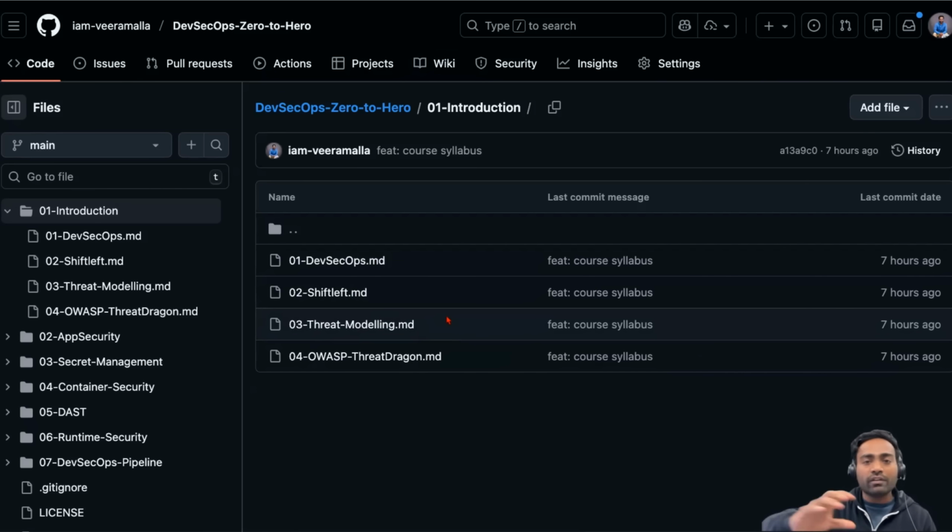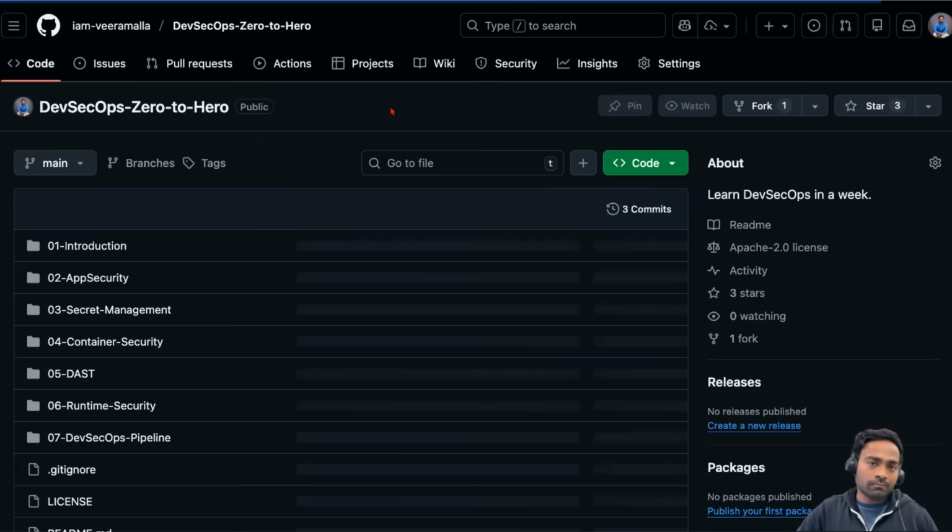In what different areas your application can be exposed to vulnerabilities, threats, you will understand using threat modeling. Also, I'll take a sample application and I'll explain how you can identify different threats for your application. So we will implement threat modeling in real time. This is going to be day one.